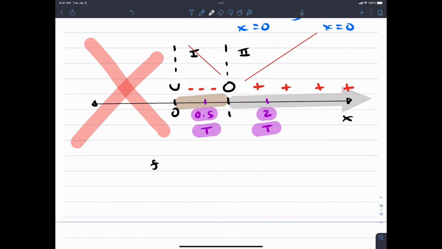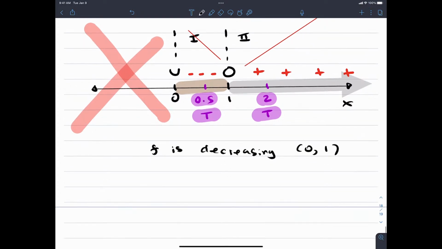F is decreasing. What interval is it decreasing on? 0 to 1. F is increasing. Where is F increasing? 1 to infinity. And that's what you're looking at, because that first derivative is negative in the first interval, and the first derivative is positive in the second interval.